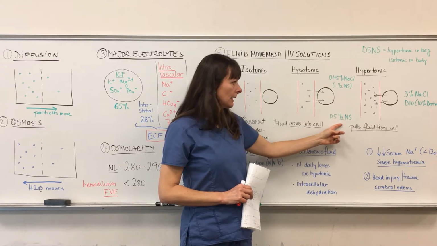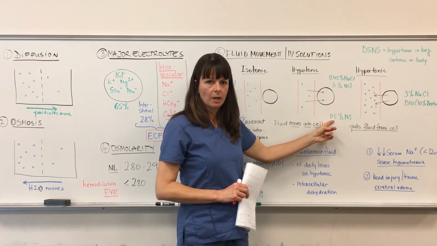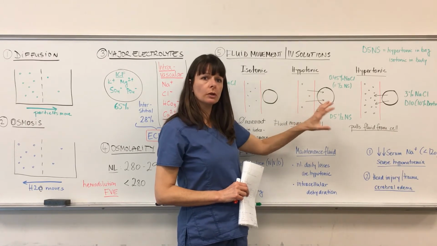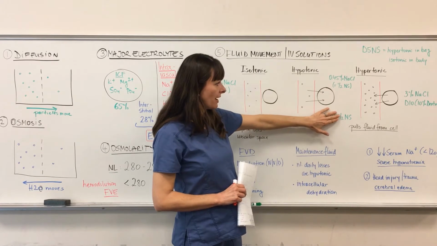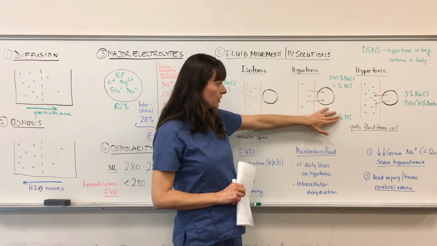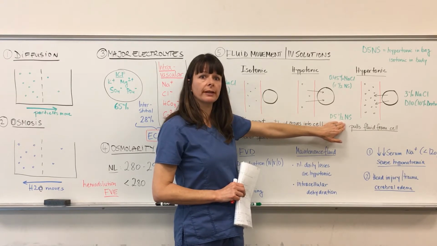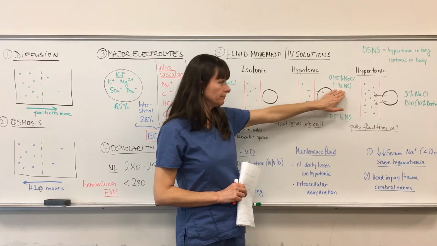Now keep in mind the dextrose here gets used up by the body right away, and therefore as soon as this IV fluid hits the patient's veins, the D5 is taken up, used by the cells for energy, and the half normal saline remains, meaning that it is a hypotonic solution.